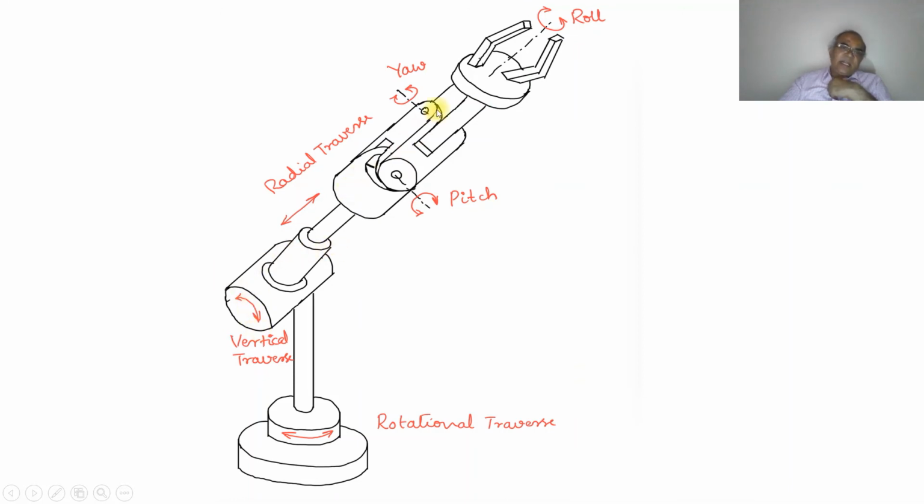This is the radial traverse. It moves in and out in this direction, and this will be rotated about this. This entire portion rotates in this particular direction, which is the pitch, and this rotates only in yaw, only about this, and this will be rolling about this particular axis. So the entire thing can also rotate by using the rotational traverse.